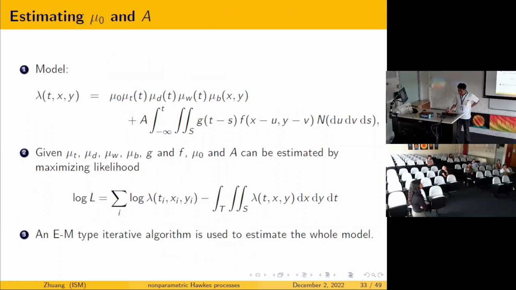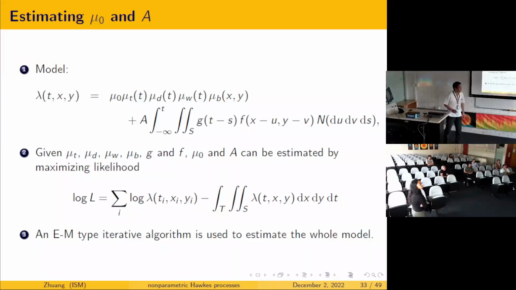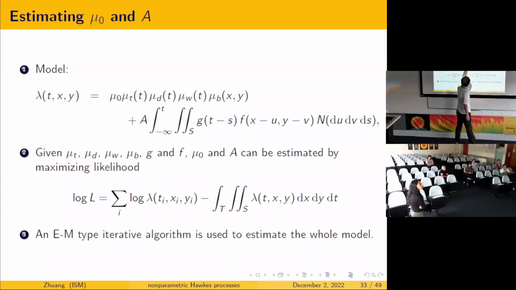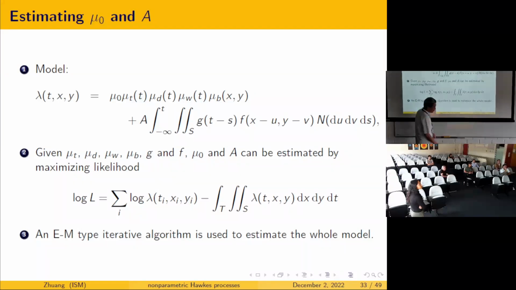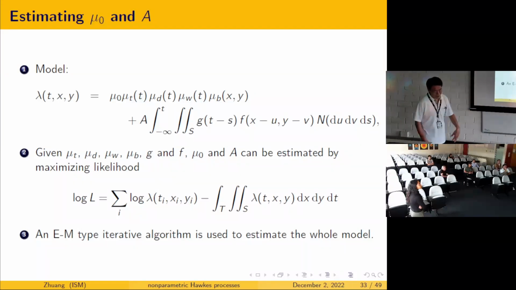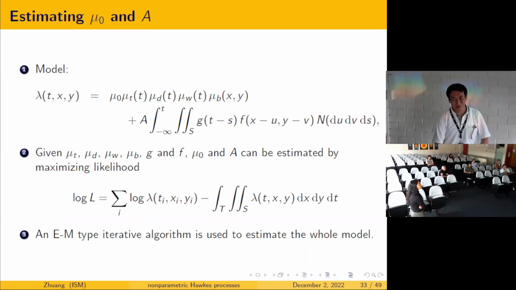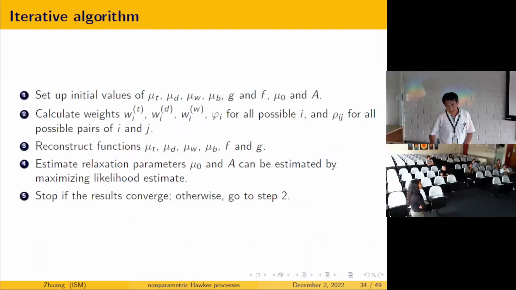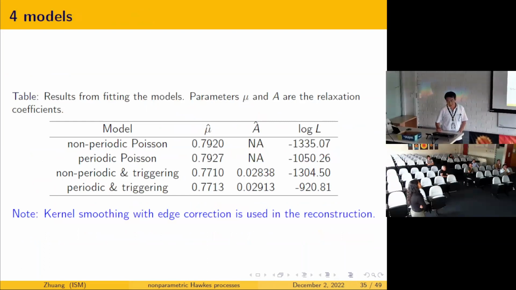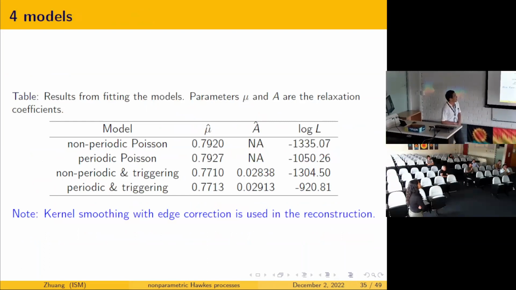You mean parameters? We have a non-parametric estimate in the model, so we cannot say how many parameters, but we have those two, one for the background, one for the triggering part. Can you just remove the triggering component because A is quite small? No, if we remove the triggering part, the estimate is likely to change.